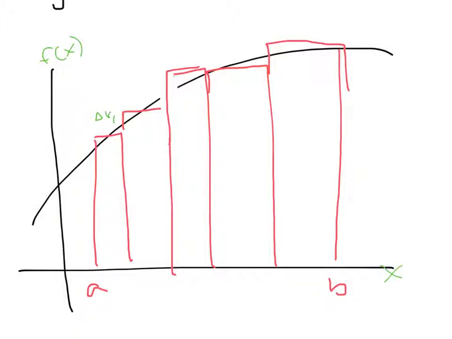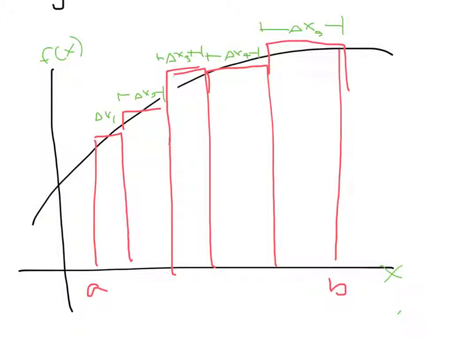This width right here would be delta x2, delta x3, delta x4, and then this big one would be delta x sub 5. Okay, so those are our widths.